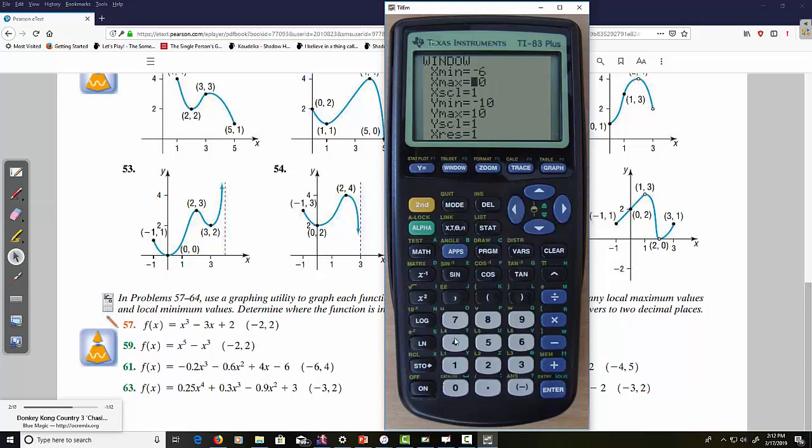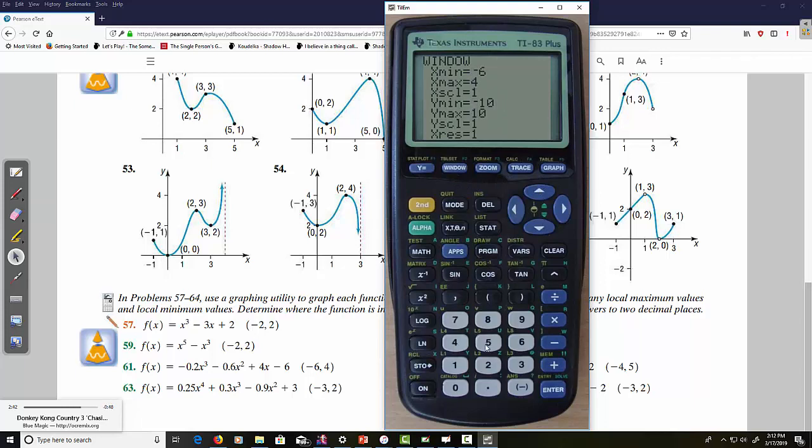Let's look at the graph to see what our vertical scale needs to look like. Okay. Looks like I need my vertical scale to be quite a bit further down from there. So I really don't need that much in terms of the maximum.